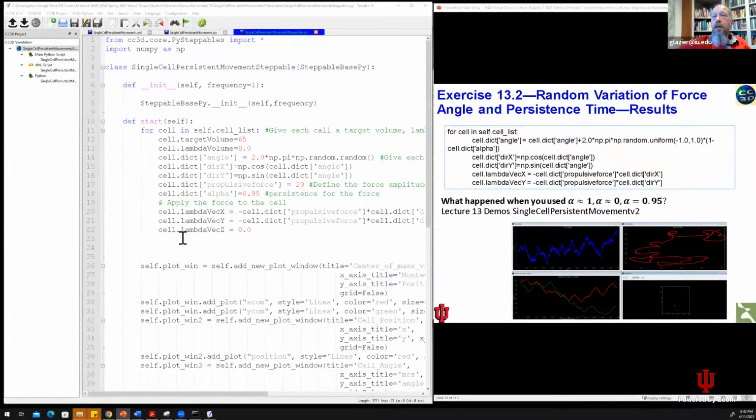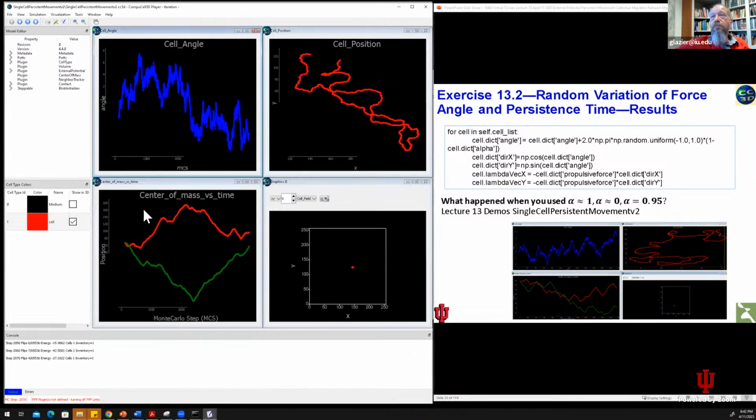Okay, and here I was using an alpha of 0.95. So let me try first an alpha of 1.0. And I'll hit it. You can see the code, right, at the moment. And now I'm going to go to player, and I'm going to restart.